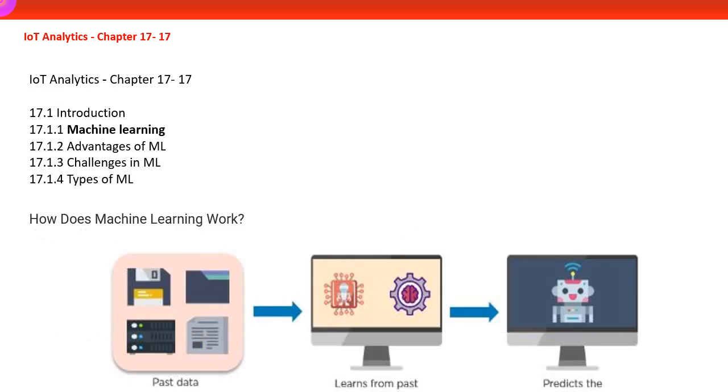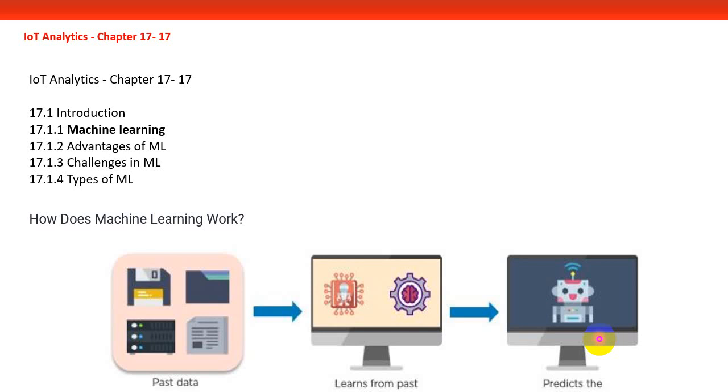Then if we come to this machine learning, see how it works: it uses past data, learns from the past, and predicts the output. It uses the present data and past learnings, and it will generate the output. This is called machine learning.